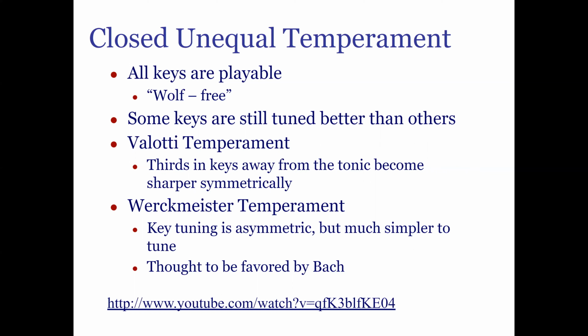So if you tune your piano to C in the Werckmeister temperament, you could play something in F sharp major and it would still sound acceptable. It still doesn't sound as good as if you were playing something in C, but it sounds okay.